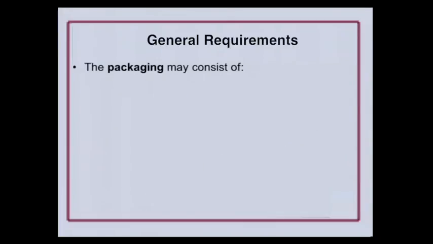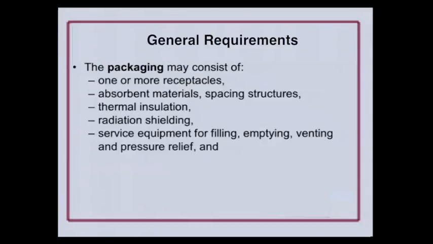As far as the packaging itself, it can consist of a lot of different things. You can see them listed here. One or more receptacles, absorbent materials, spacing structures that go within it, thermal insulation, the shielding if it's an integral part of it, service equipment for filling, emptying, venting, and pressure relief.